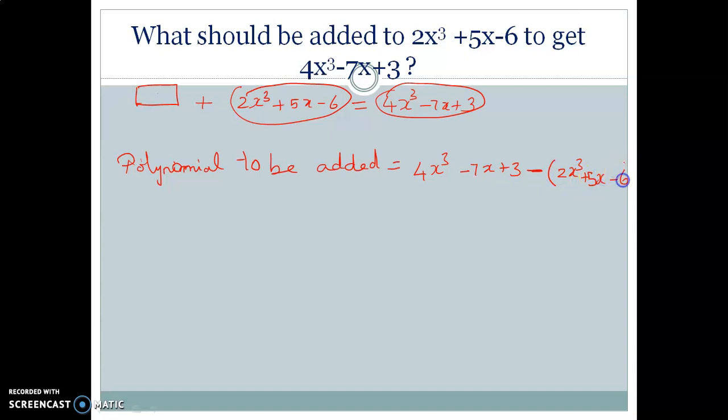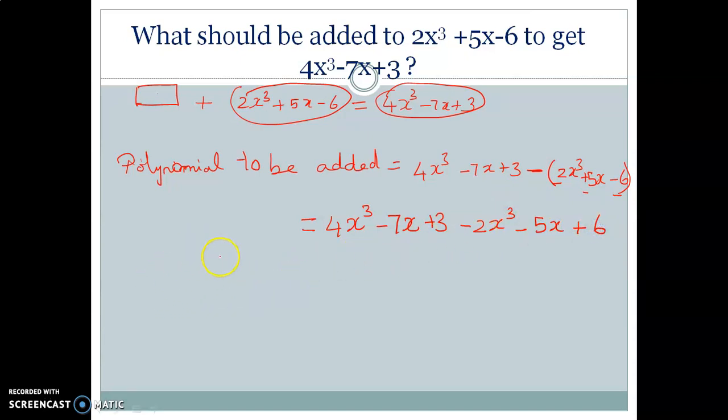The operation is subtraction. So we should be very careful. 4x cube minus 7x plus 3. Now the sign for all these terms in the second expression will get changed. Minus 2x cube minus 5x plus 6.